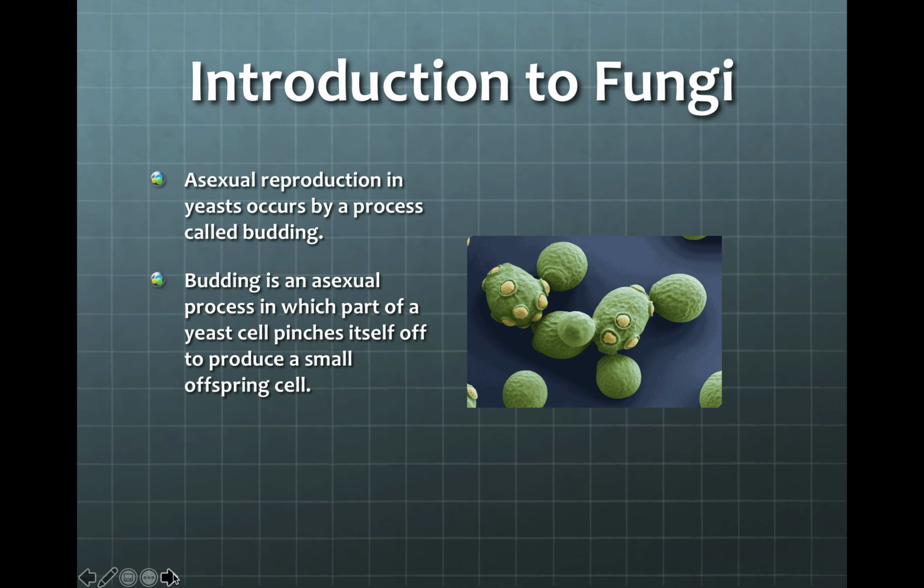All right, now we are just giving some general information about each one of these, but we will take the phyla one at a time and go over its features. So for asexual reproduction, there's a process called budding. This is the way that yeast reproduces, and you can see here that the yeast are forming these little yellow buds, and those little yellow buds are going to drop off and become new yeast.